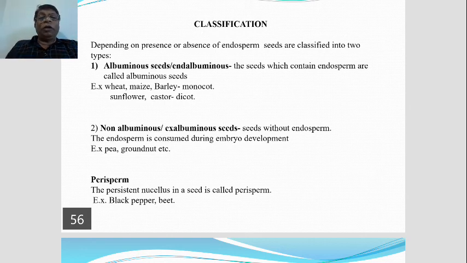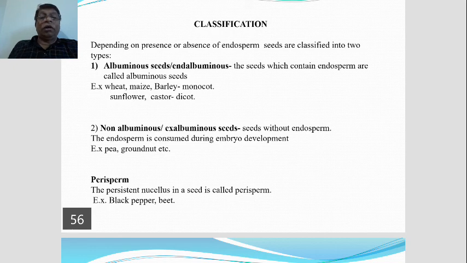But endosperm is present in albuminous seeds. Okay. Examples for non-albuminous seeds: pea, groundnut, green gram, horse gram, cowpea. ಎಲ್ಲ examples. Note the differences also. Okay. So that's all about albuminous and non-albuminous seeds.